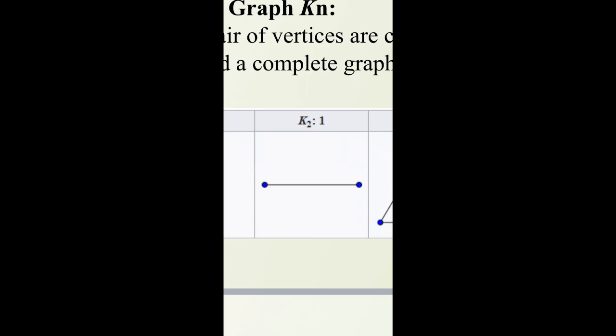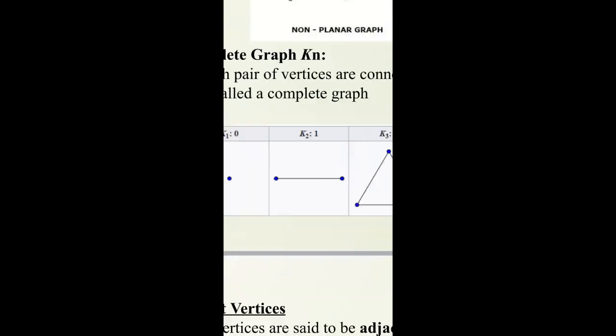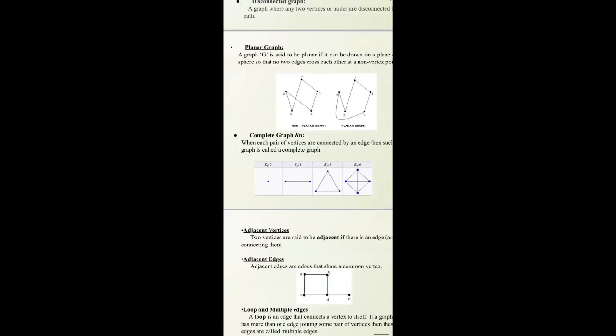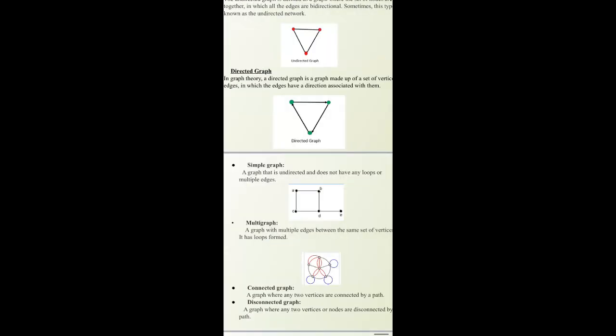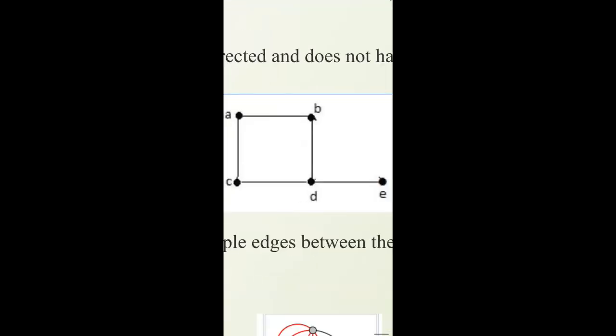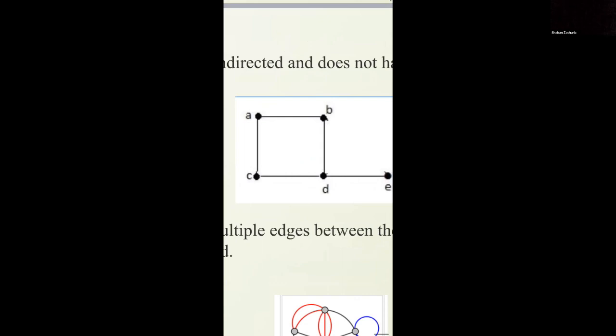If there is a connection between two vertices, then these are called adjacent vertices. If we take this example, can anyone tell me whether A and B are adjacent vertices or not? Yes, they are. And are A and D adjacent vertices or not? They are not. Yes, good.